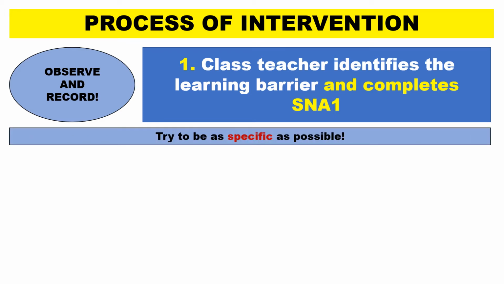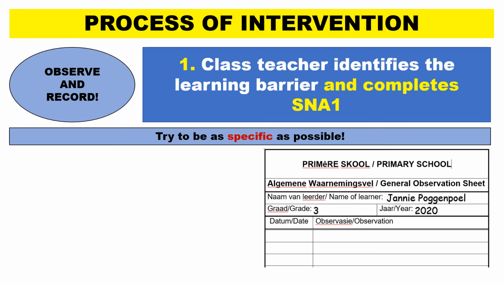When we fill in the SNA1, we need to be as specific as possible. Filling in the observation sheet or the SNA1 and saying that Annie can't speak is really too vague.